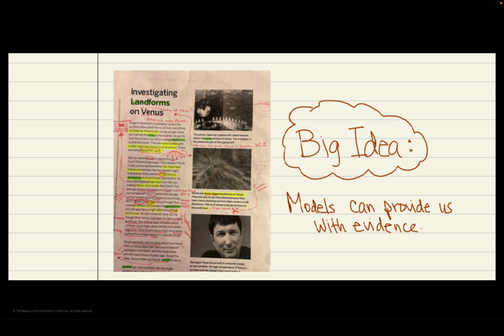The reason for reading the article was so that you could see how a scientist uses models to get evidence when there's no way you could get evidence by going to the planet. You just couldn't do it. It's too far away. So go ahead and next to where you put your picture in your notes, write big idea. And the big idea is models can provide us with evidence.